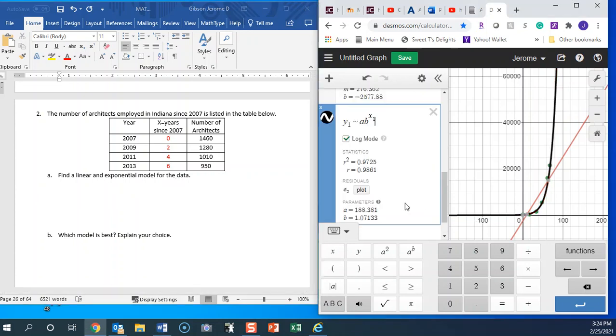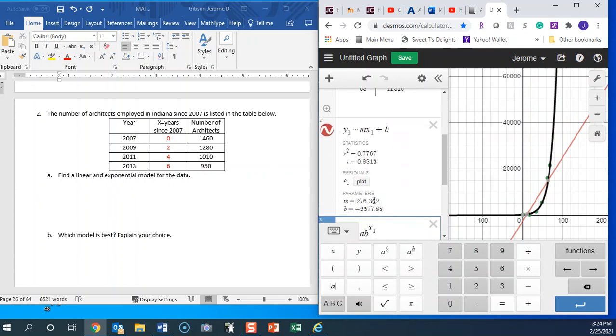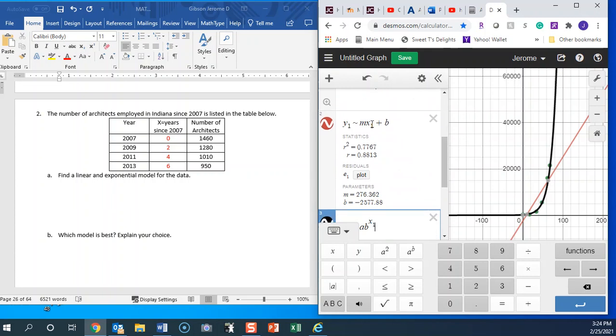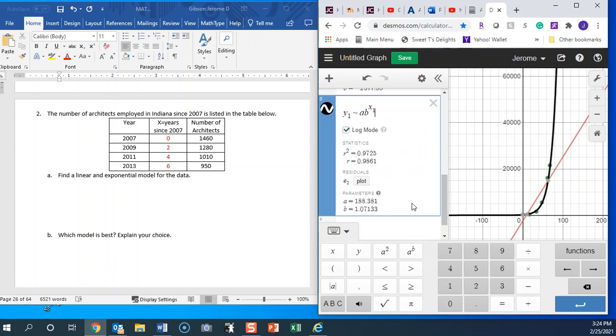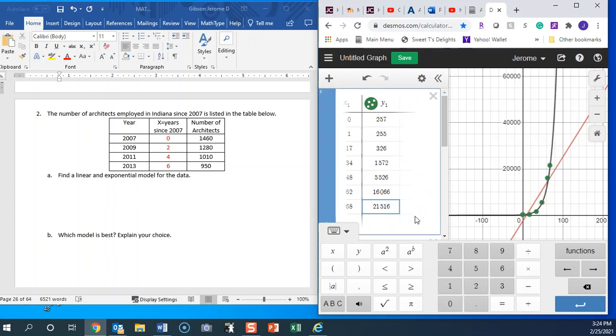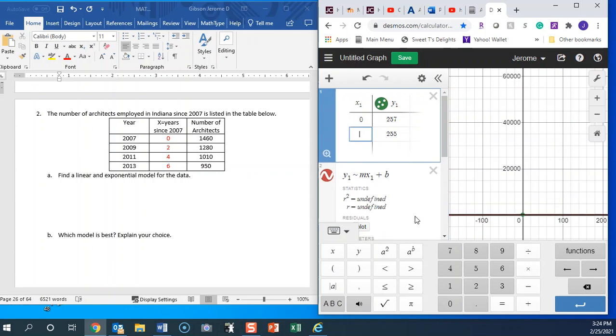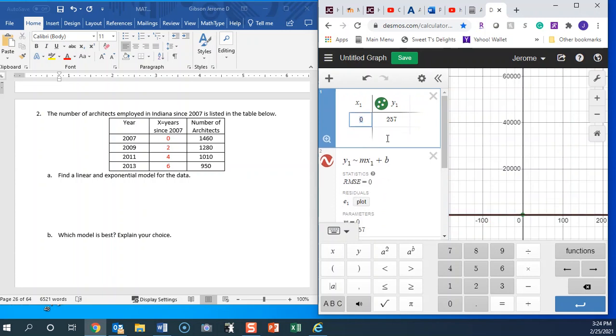Basically, we're going to be doing the same thing we just did. But what I would suggest is that you do not get rid of 2 and 3. Because if you notice, this is already in slope-intercept form or linear form, and this is an exponential form. The only thing you need to change is this table. So you will click here, and then you will start erasing this until you get here.